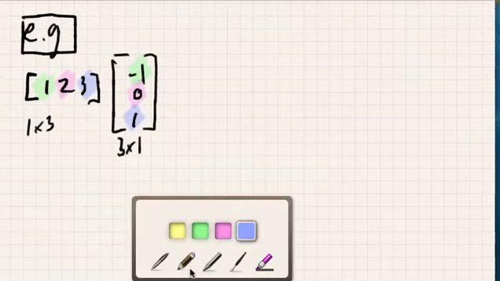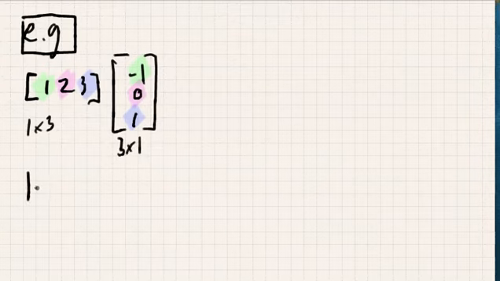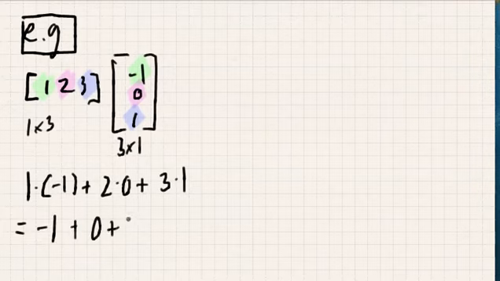So what we get from that is 1 times -1, that's from the first entries, 2 times 0, that's from the second entries, and 3 times 1. And then we add them together. So the result is -1 plus 0 plus 3, which is -2. So this is -2. That's our final answer.